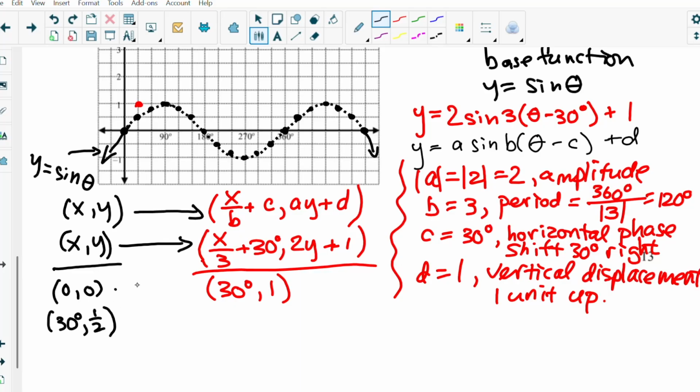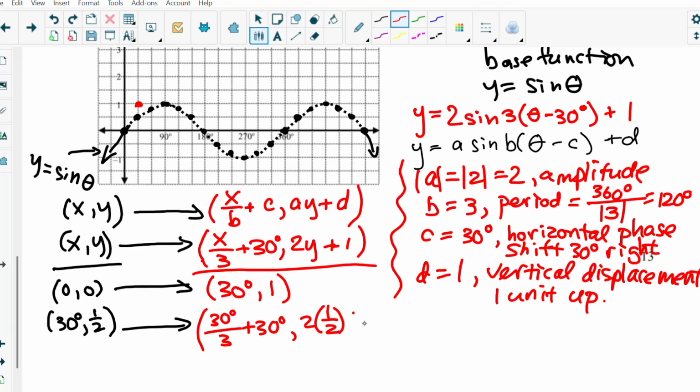Okay, next one. Let's go 30 degrees and 1/2. So that x value, that's 30 degrees divided by 3 plus 30 degrees, comma, 2 times 1/2 plus 1.